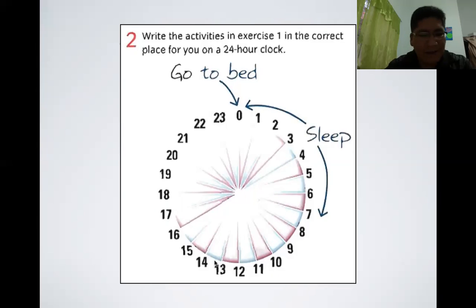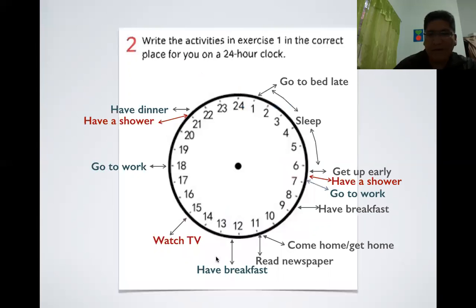Okay, let's see this. Okay, I'm going to put my answers. And okay, you can do your own answers too, right? Let's see. Okay, these are my answers as a teacher. For example, I go to bed late at 1 a.m. I sleep almost 5 hours from 1 o'clock until 6 o'clock, or sometimes 6:15.